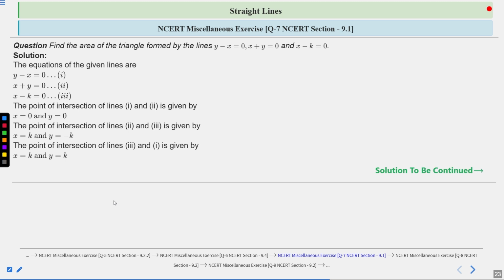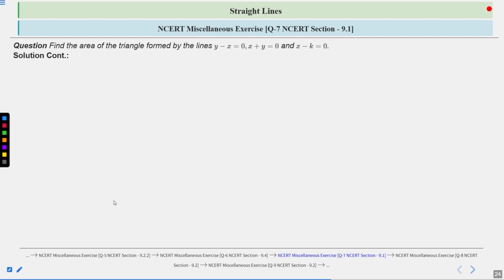Now we can easily find the vertices of the triangle formed by the lines y minus x equal to 0, x plus y equal to 0, and x minus k equal to 0. So thus the vertices of the triangle formed by the three given lines are 0, 0, k, minus k, and k, k.